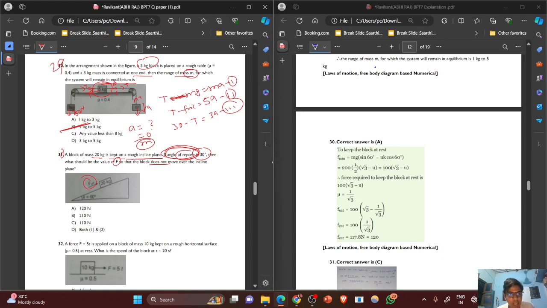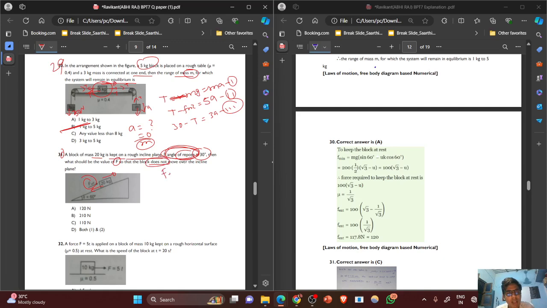Now think in this way: if the block is moving in this direction over the incline, the friction force will be acting in the opposite direction.